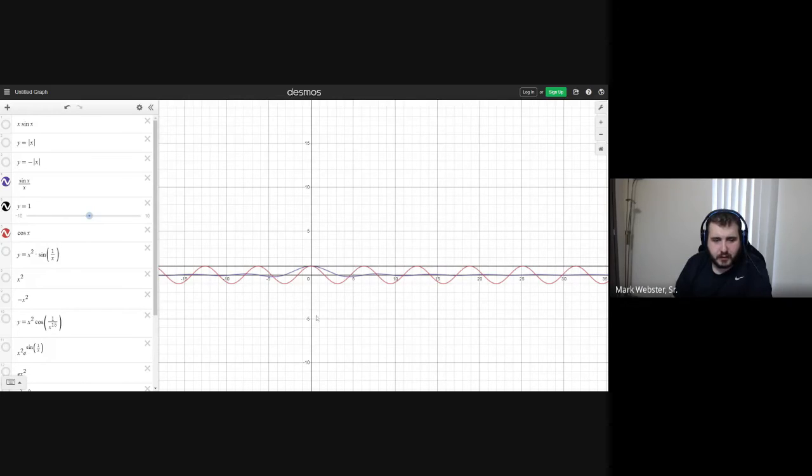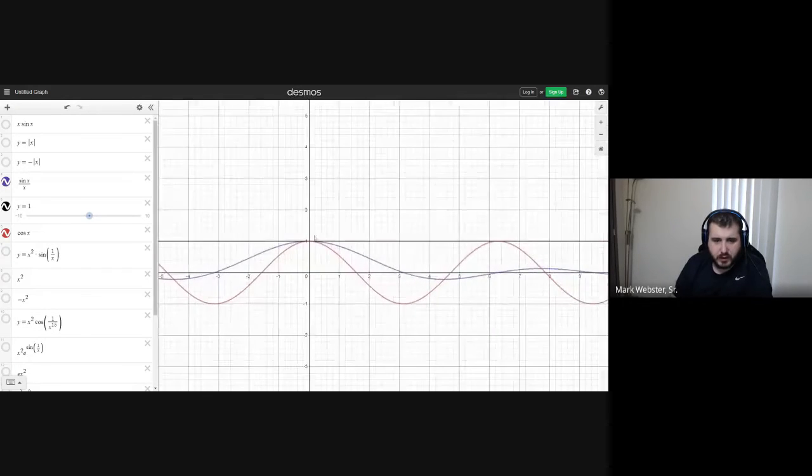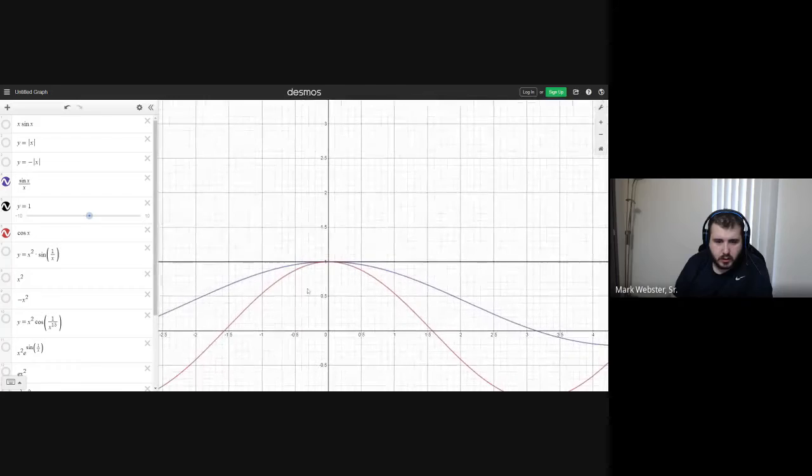Look at cosine. Yeah, it cuts through over here, but we don't care about the whole function. We just care about when it gets close to where we want, right? So we see the purple line gets sandwiched in between the orange line and the black line here.